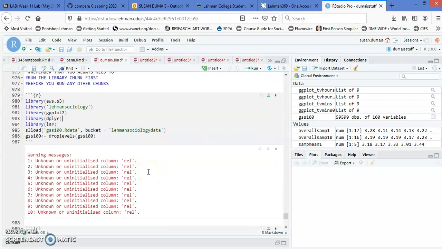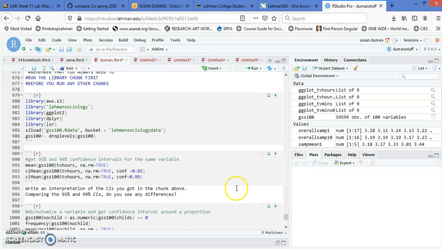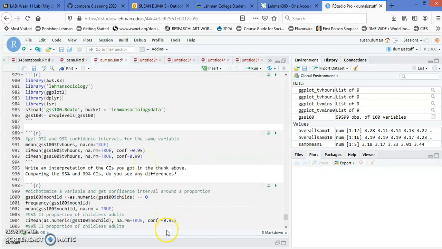And so once we've got that, don't worry about the warnings. We've got our data loaded, we've got the packages in, and so first we're going to just look at a variable by itself without making any kind of comparisons. We're getting a 95% and a 99% confidence interval for one variable, which is TV hours.